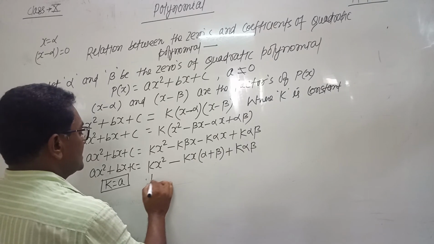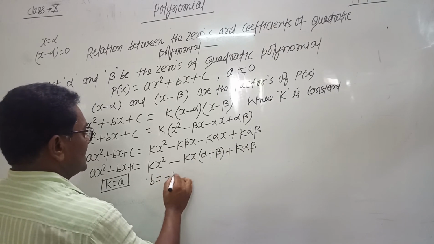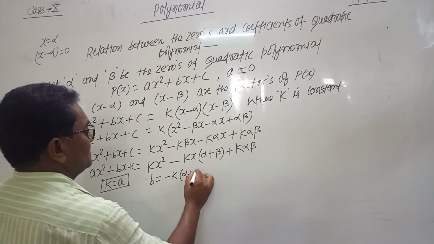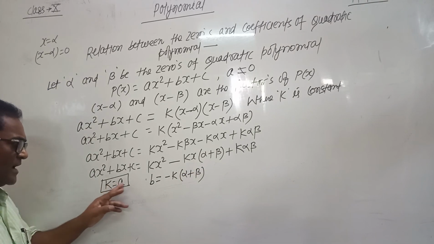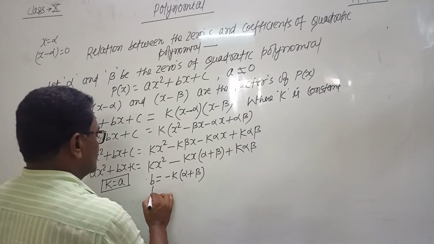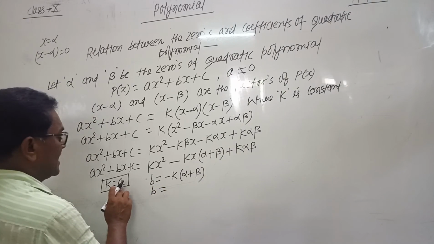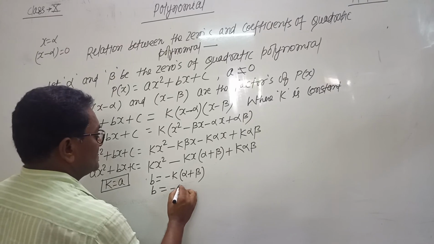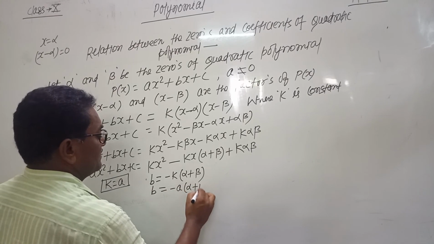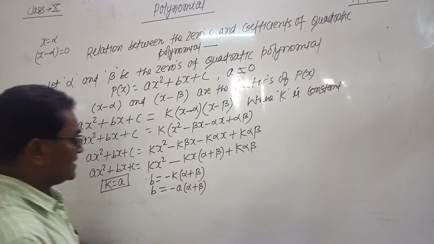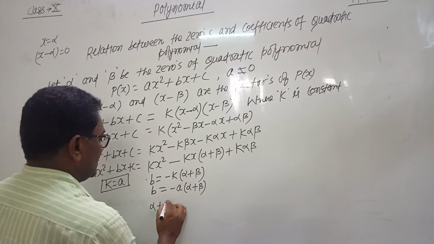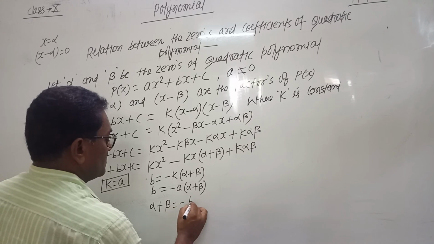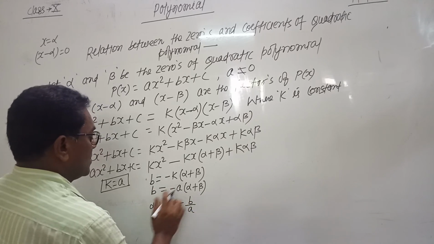So b equals minus a(alpha plus beta), putting the value of k as a, and the result comes alpha plus beta equals minus b upon a.